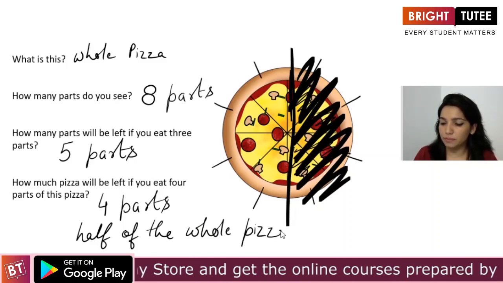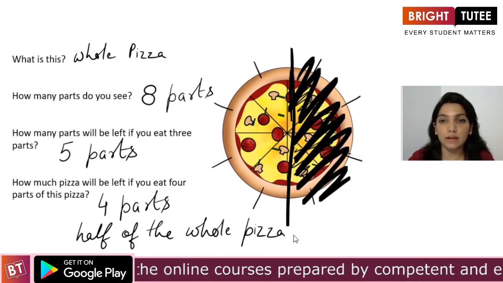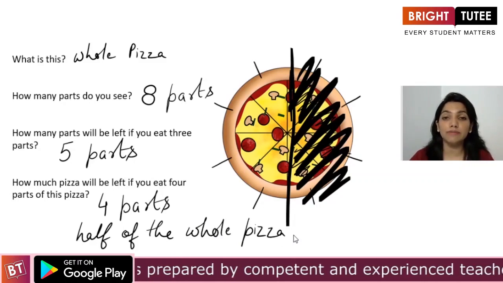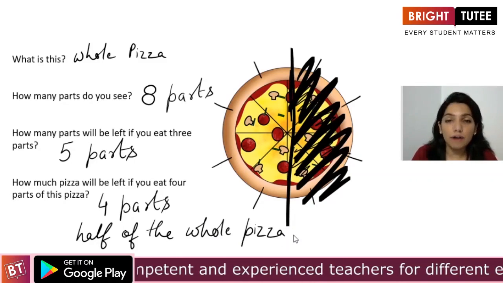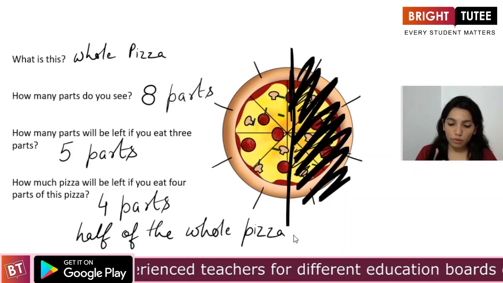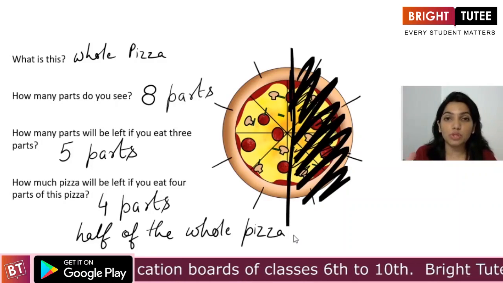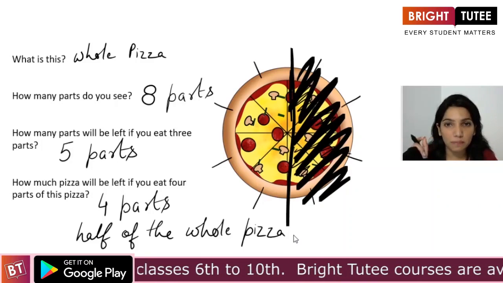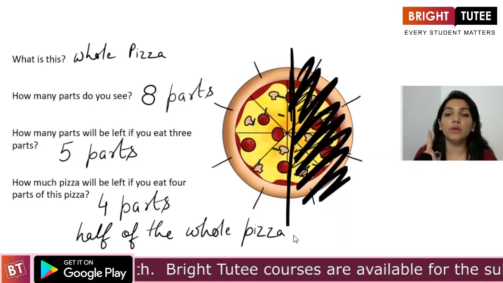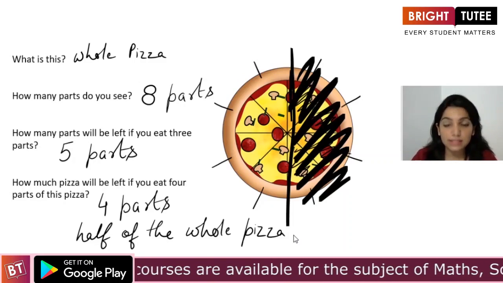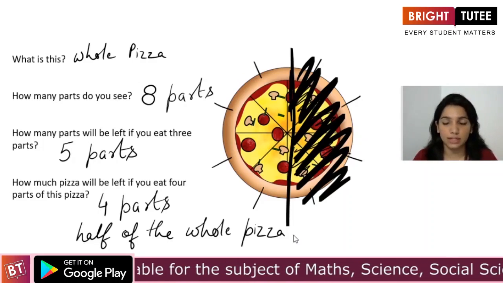Is that right? 4 parts out of 8 is exactly half of the pizza. Now I want you to think carefully about how a big portion can be divided into small parts, and we are going to see how these parts can be named accordingly.